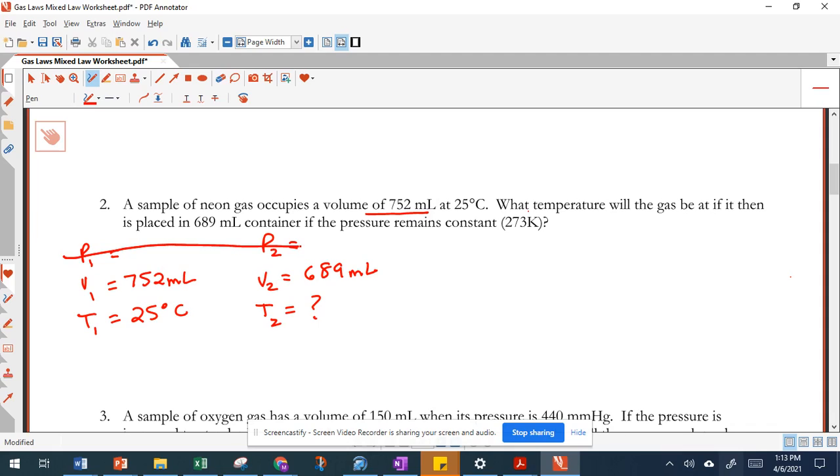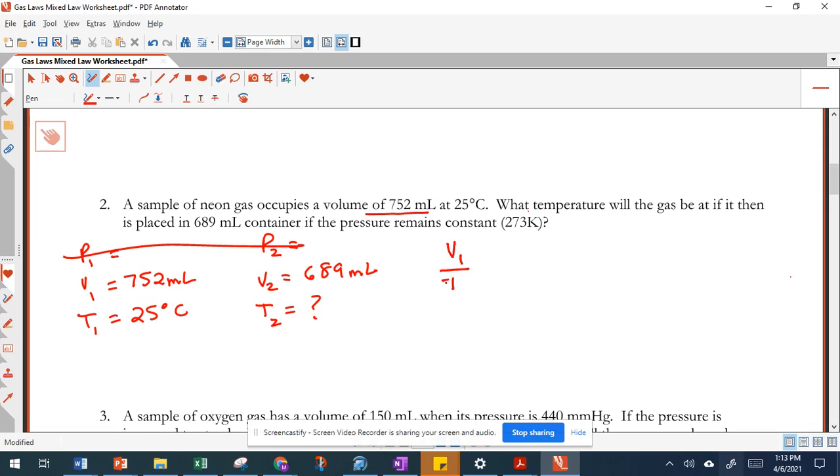So we can get rid of our pressure since that's not changing. Also, if the problem did not mention pressure, we can assume it was staying constant. So we're just left with volume and temperature, so that tells us we're using Charles' Law.